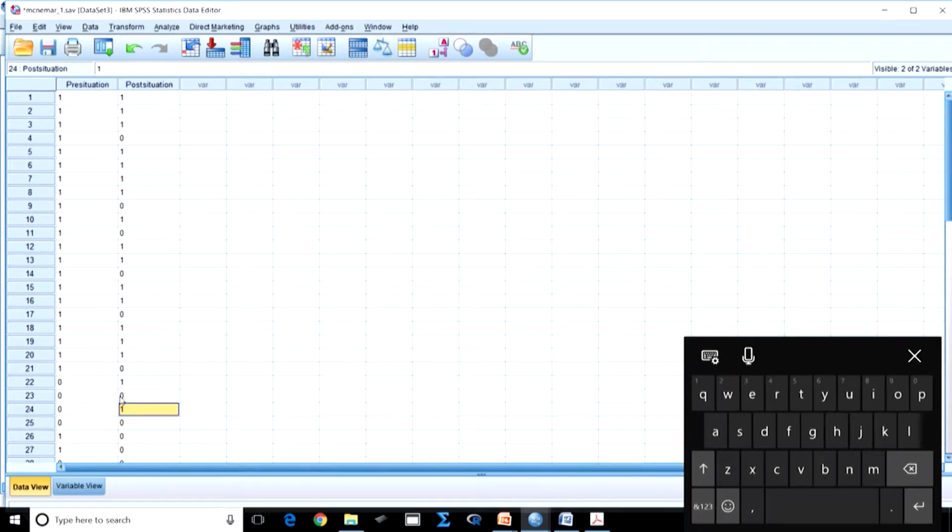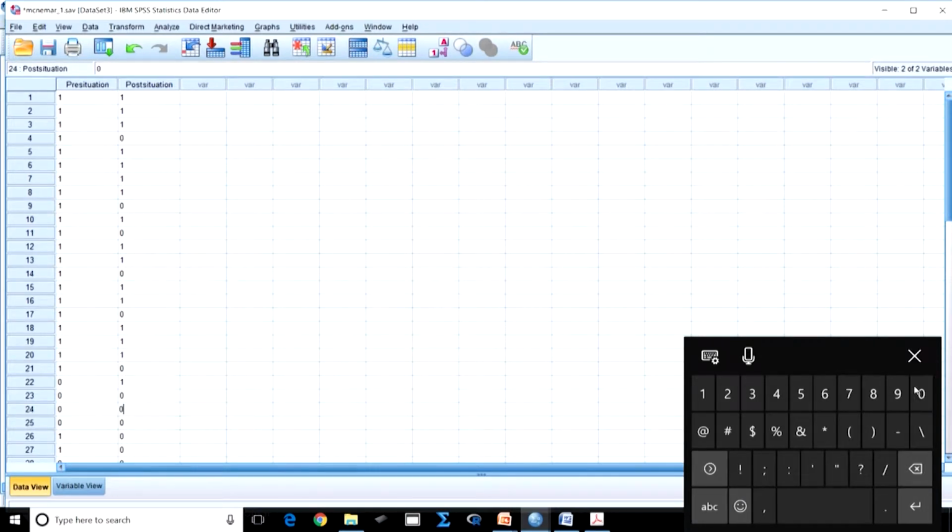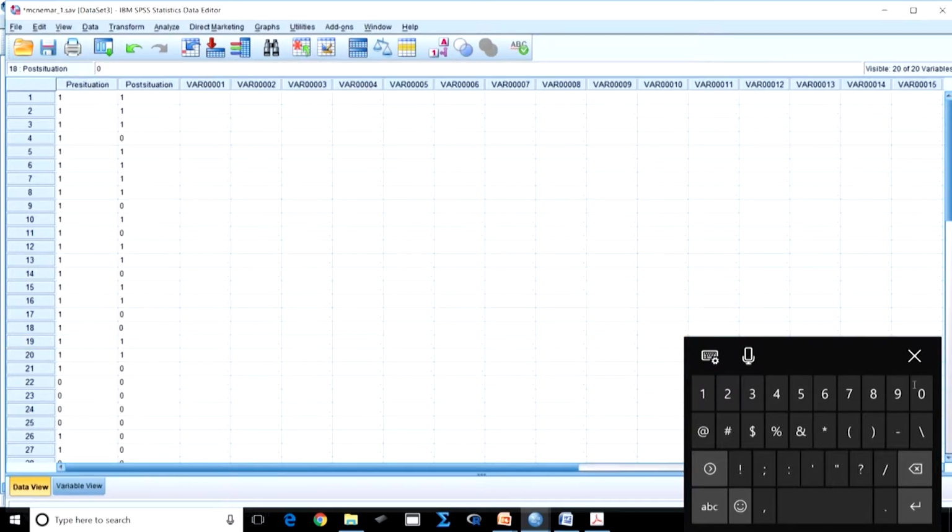So let us make this 0, and this 1, and take one more and make this also 0. I think it is done.